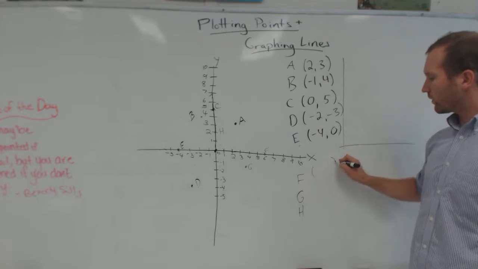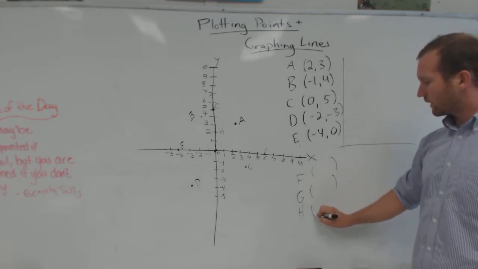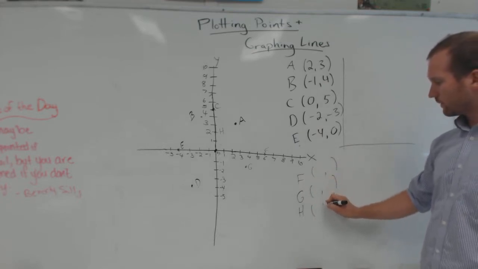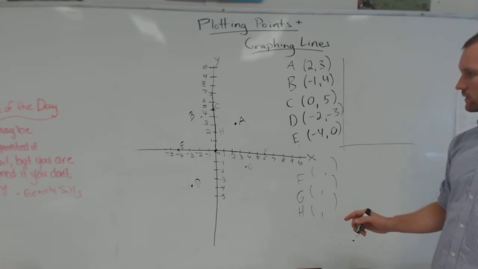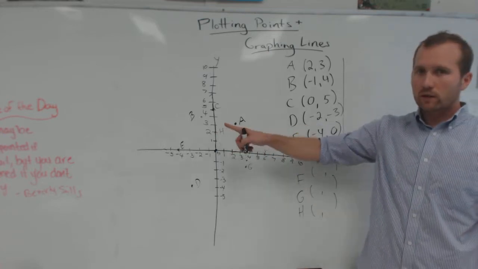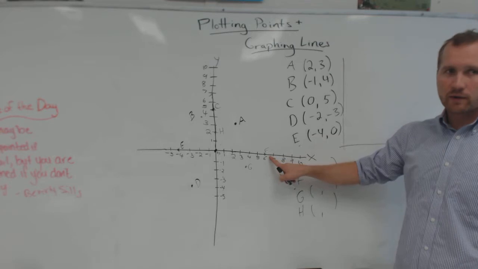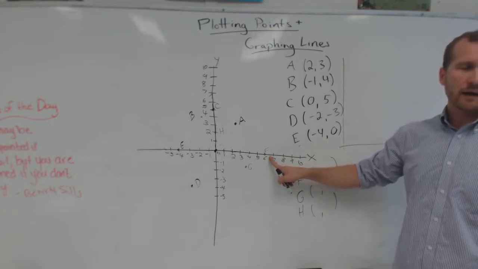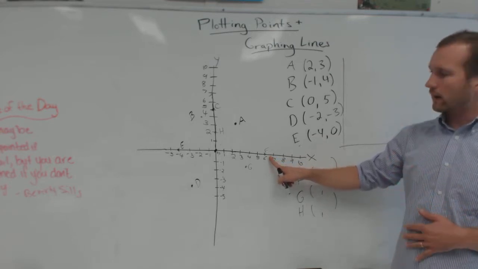So to write coordinates given a point, I first count how far out it is on my x, and then I count how far up or down it is on my y.